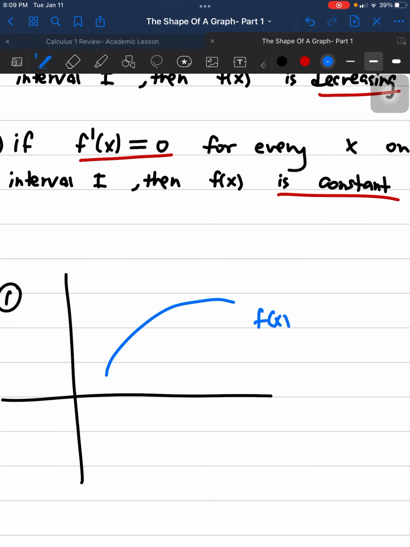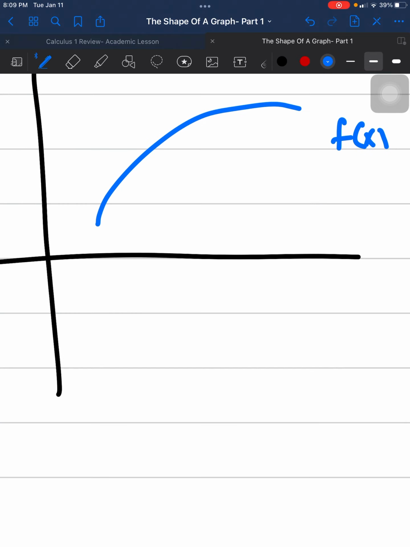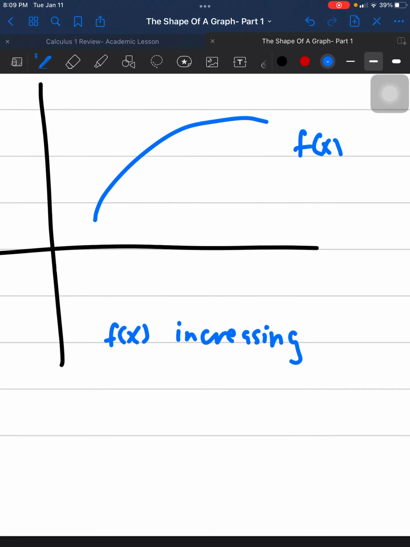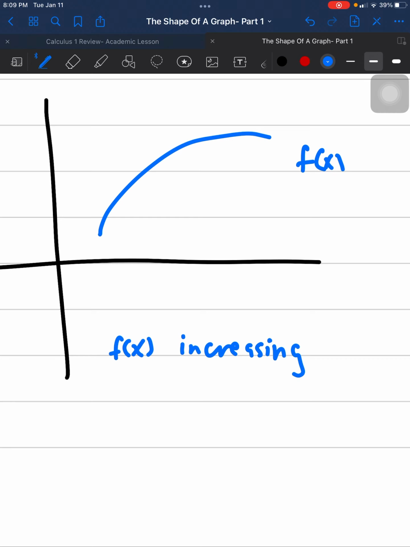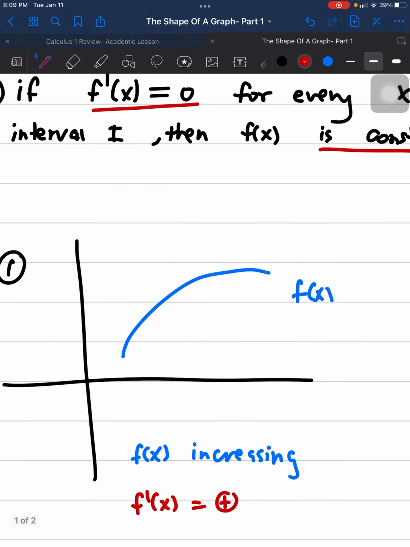Let's say this is the curve f of x, and in order for f of x to be increasing, f prime of x, the slope of the derivative, should be positive.